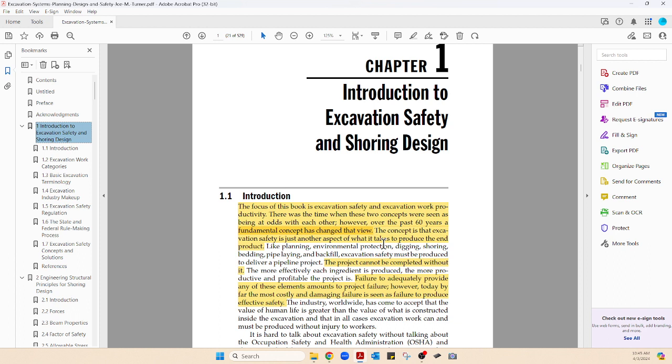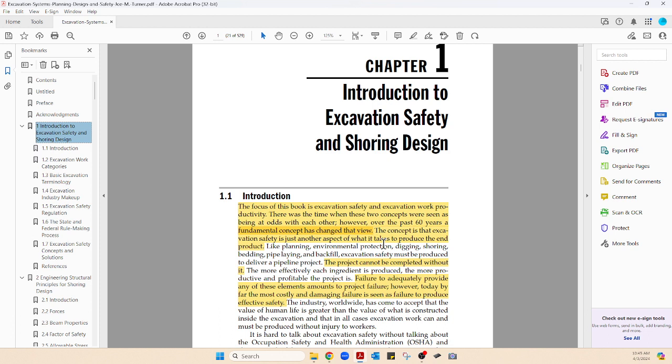In other words, it's not like all of these things, digging and shoveling and trenching and putting pipes in the ground, are over here, and safety is way over here. Safety is just another link in the chain of productivity.